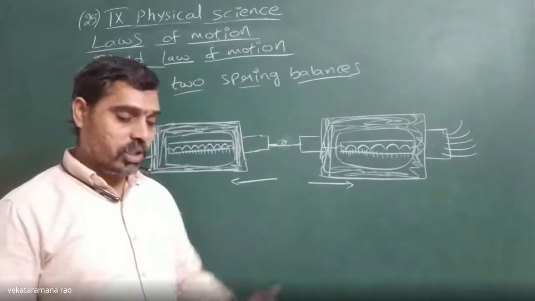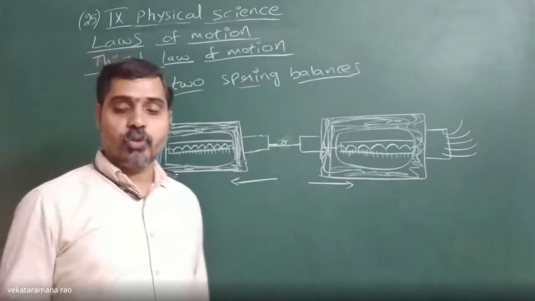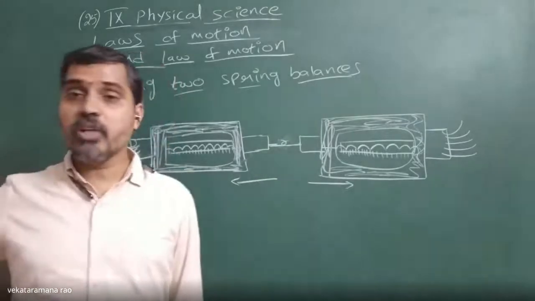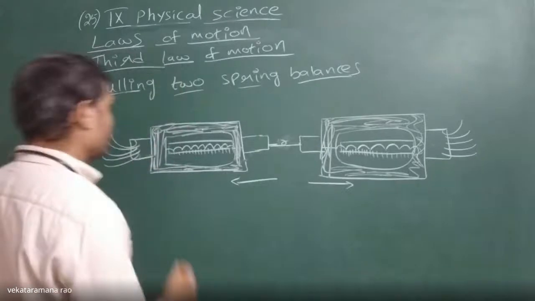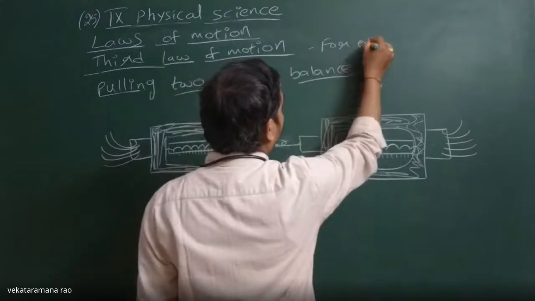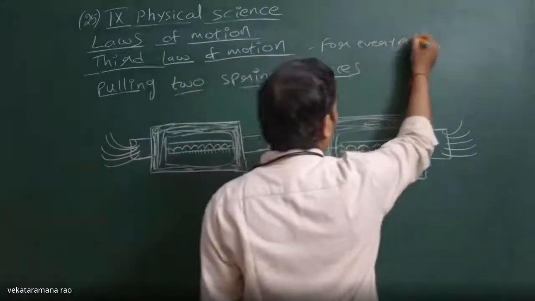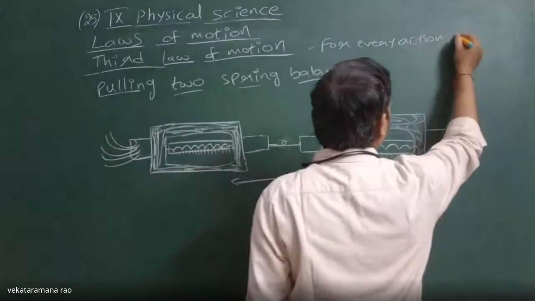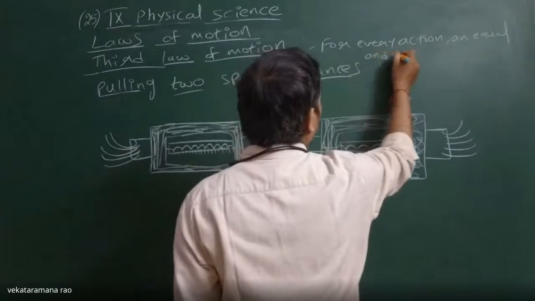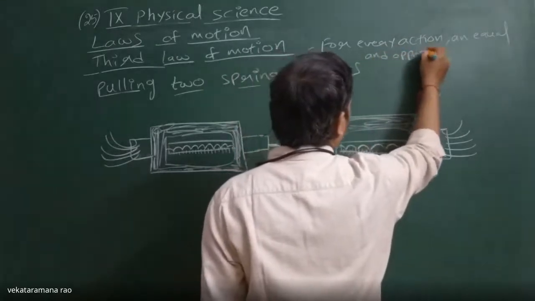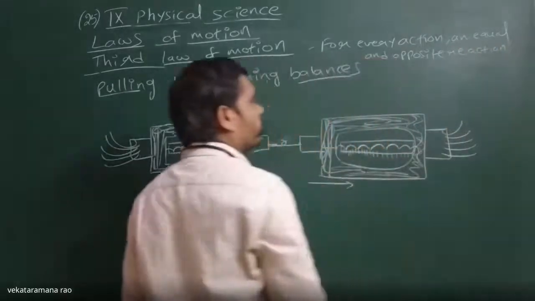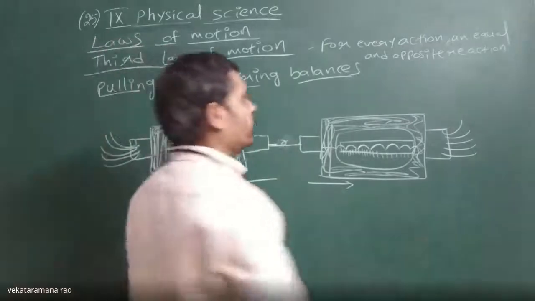What Newton's third law explains is that the two opposing forces are action and reaction: for every action there will be an equal and opposite reaction.